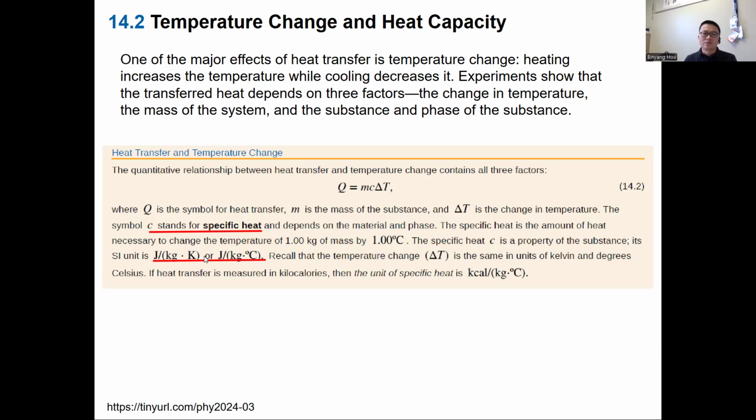So either this one or this one, they are the same because in the equation it's delta T there. Specific heat c is in the SI unit of joules over kilogram times Kelvin, or joules over kilogram times degrees Celsius. Other units, sometimes you may see it as calories per kilogram times degree C or Kelvin, or kilocalories, just in place of joules. You need to do the unit conversion sometimes there.